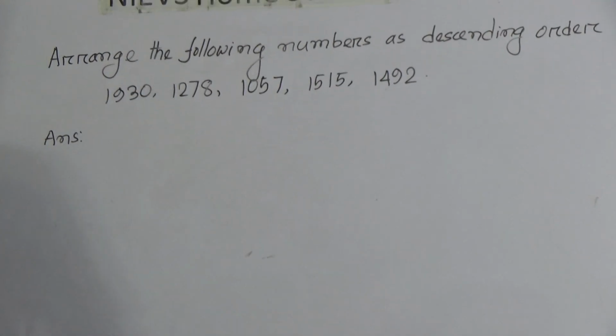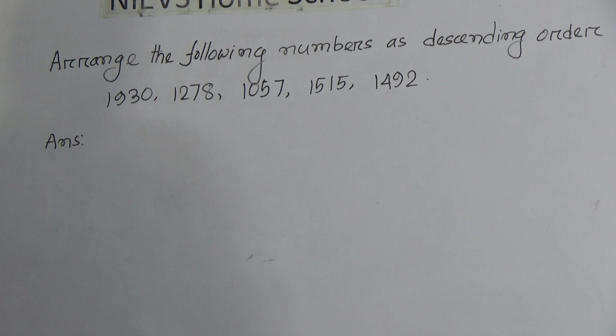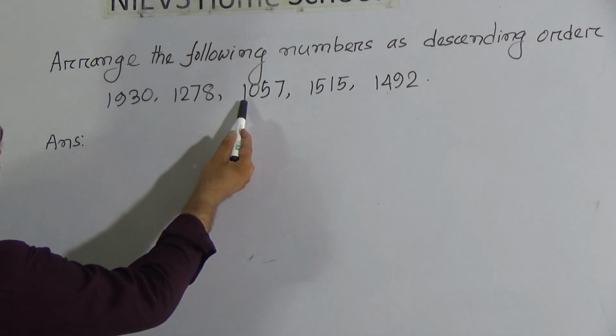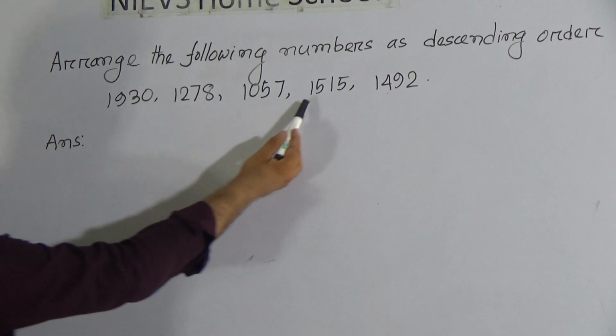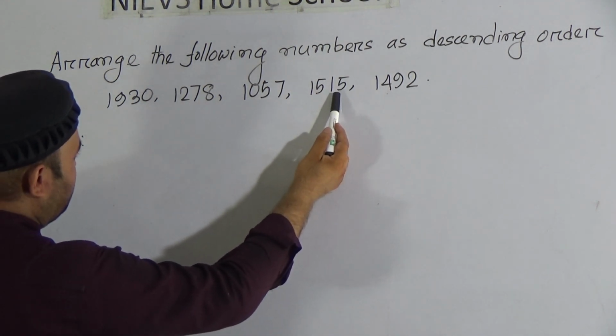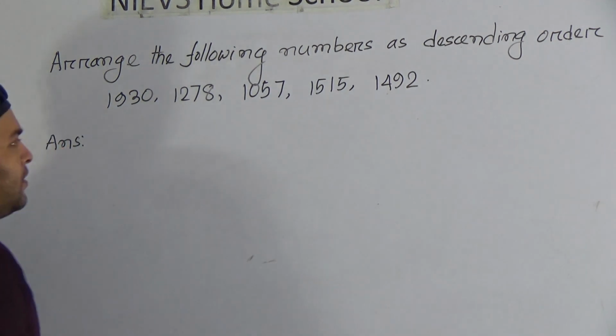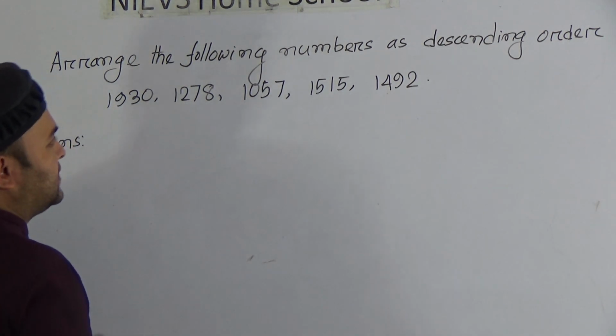Here is a question: arrange the following numbers in descending order. Here there are some numbers. The first one is 1930, 1278, 1057, 1515, 1492. First of all, we have to know what descending order is.